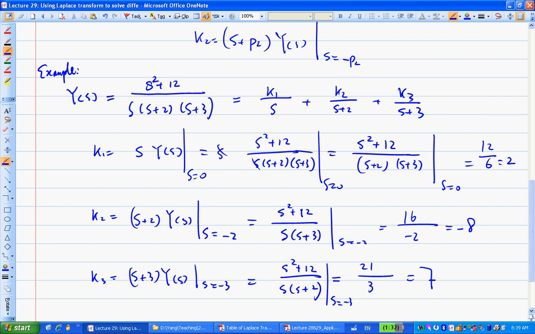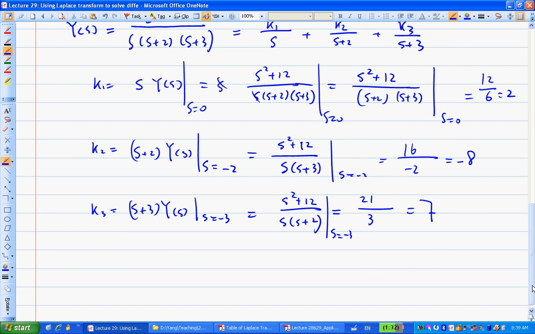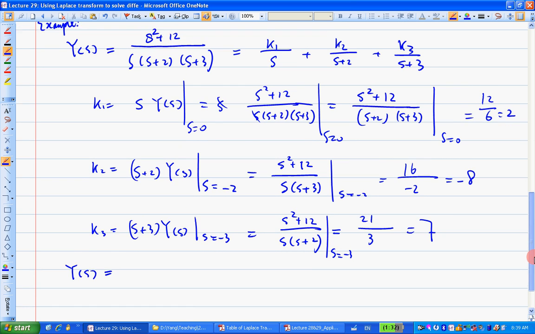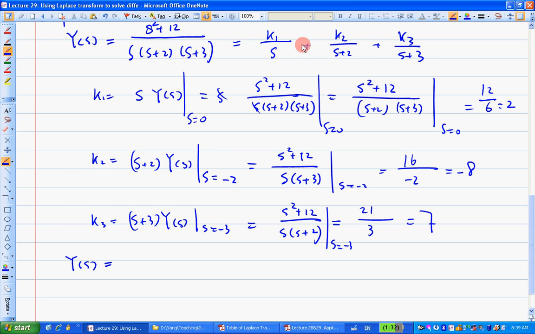So that's k1, k2, k3. Then overall, your Y of s, instead of the numerator divided by denominator, you have this decomposed format, which is 2 over s plus, not plus anymore, minus 8 over s plus 2 plus 7 over s plus 3. Okay? Those are the simplest formats that you can find from the table, right?